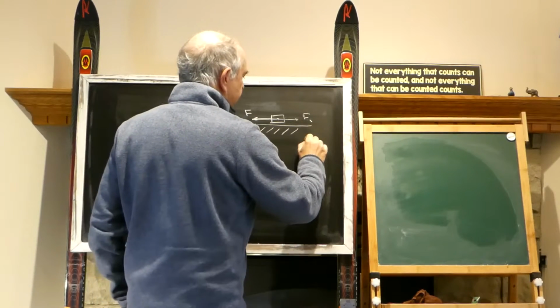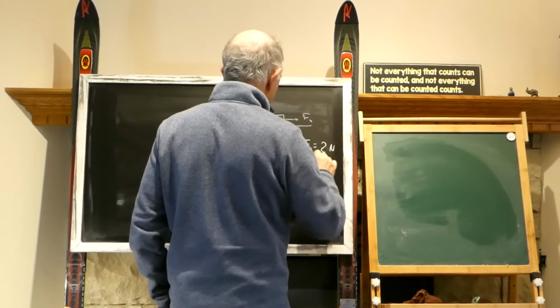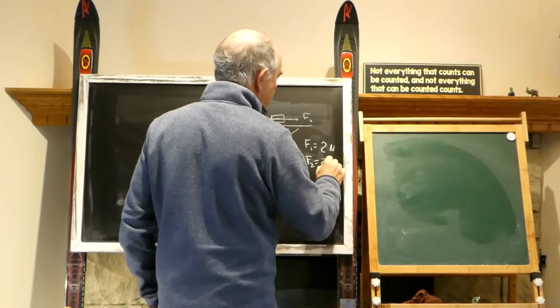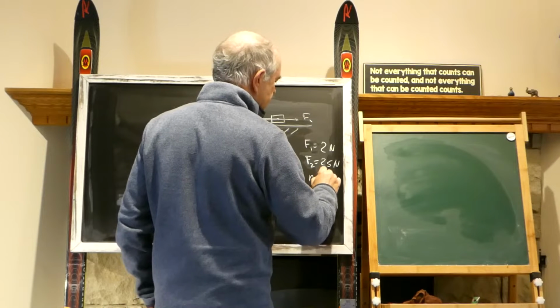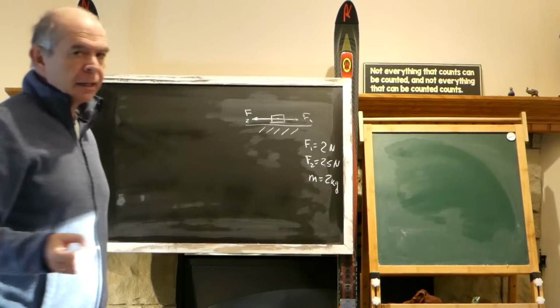And they say F1 equals 2 newtons and F2 equals 2.5 newtons. And the mass of the body, let's say 2 kilograms. And they want us to find the acceleration.